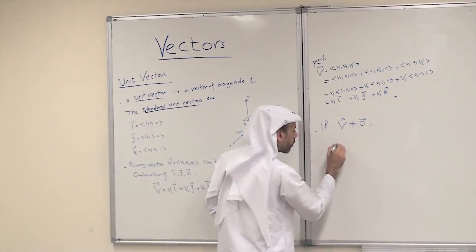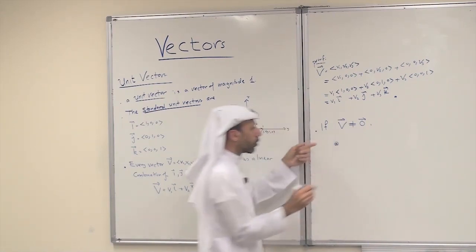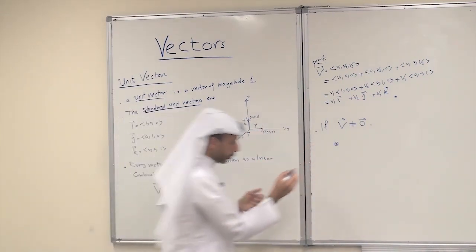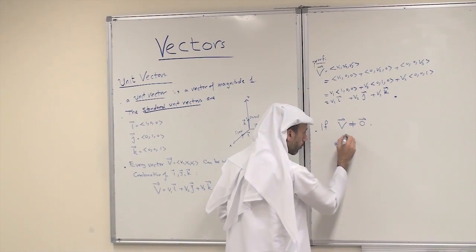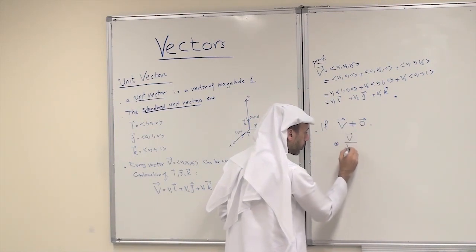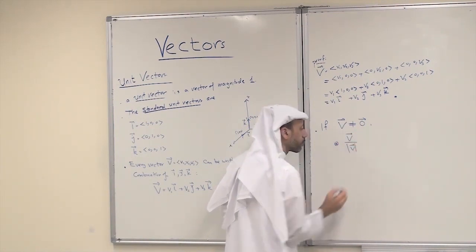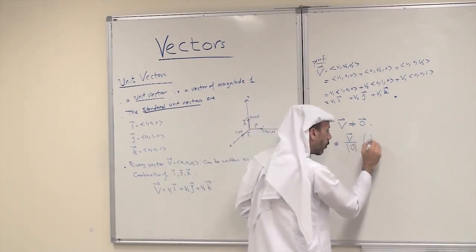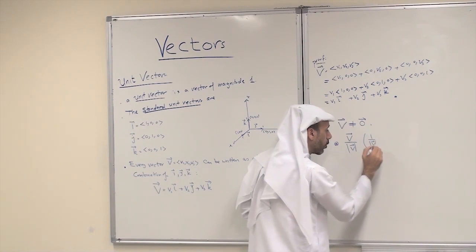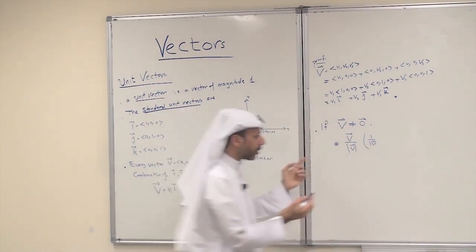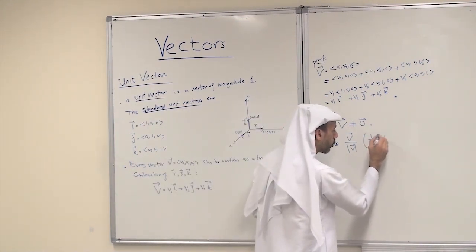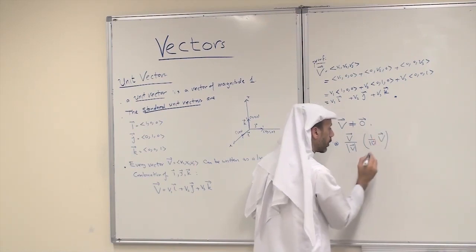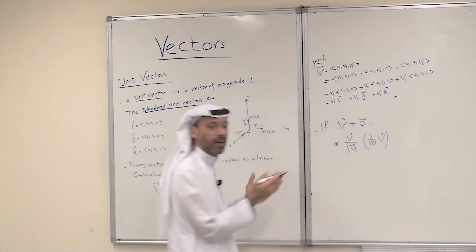If I take the vector v and divide it by the magnitude of v, which is the same thing as 1 over the magnitude, a real number, multiplied by v. They are the same thing.